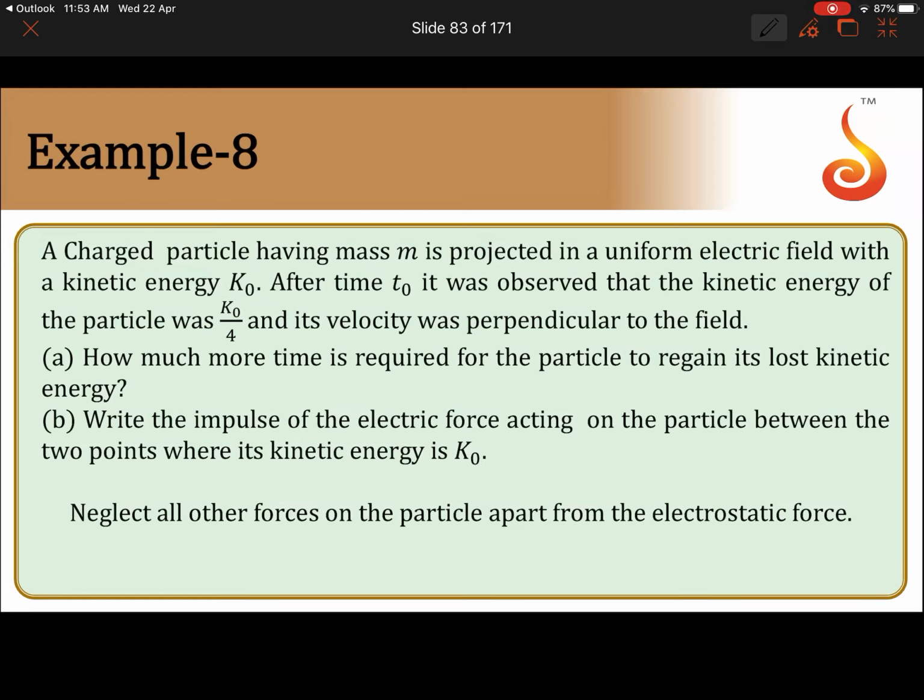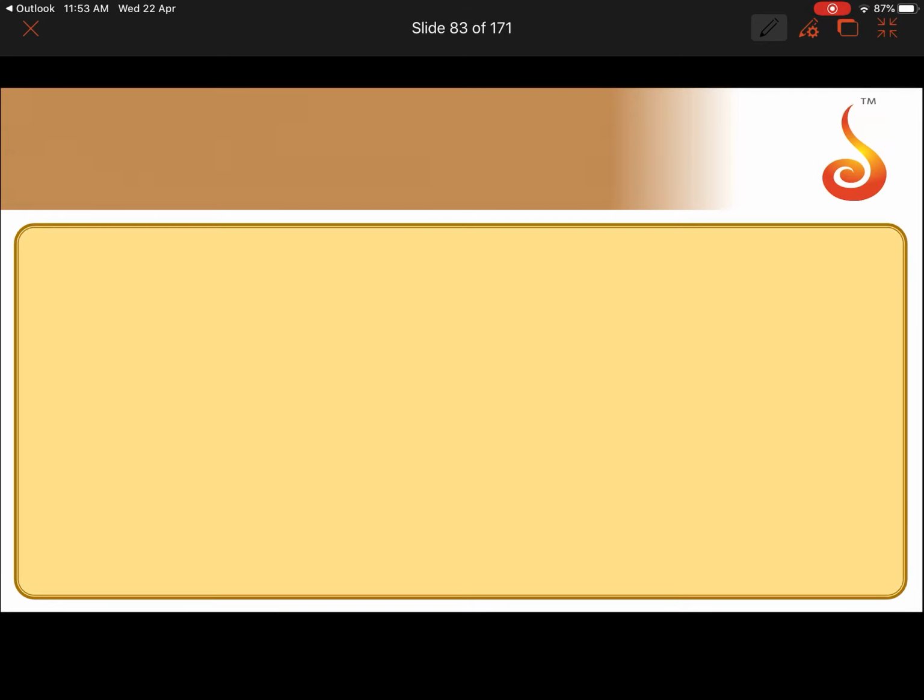So how much more time is required for the particle to regain its lost kinetic energy? Second is, write the impulse of the electric force acting on the particle between the 2 points where its kinetic energy is k naught. Neglect all other forces on the particle.